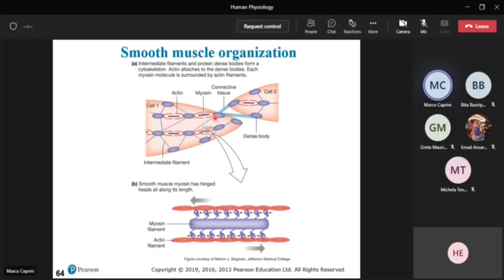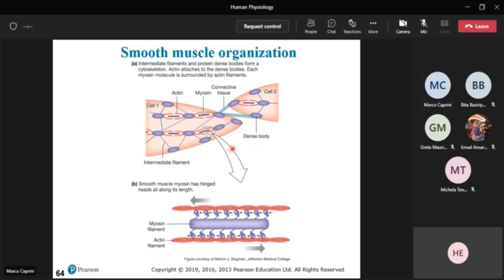But there are numerous other differences because smooth muscle cells function very differently from the skeletal muscle. Let's see some of these anatomical and morphological differences that again reflect functional differences. For example, is the sarcomeric organization present in the skeletal muscle, in the smooth muscle?